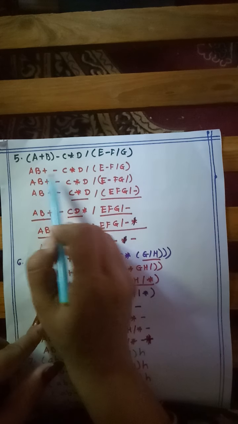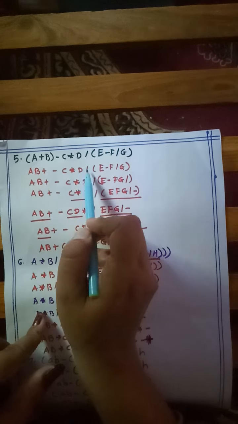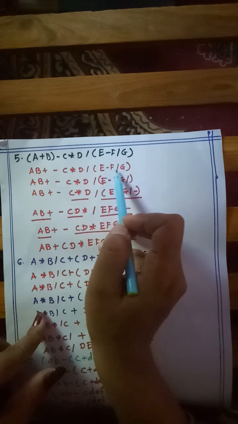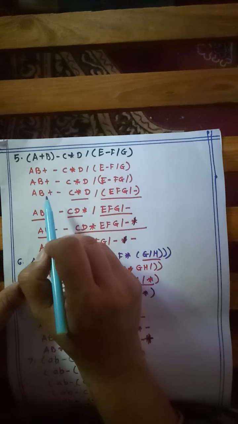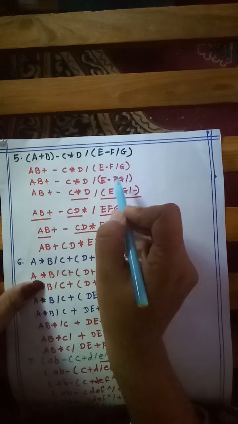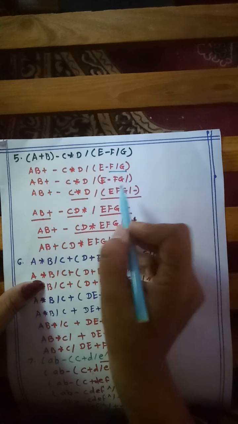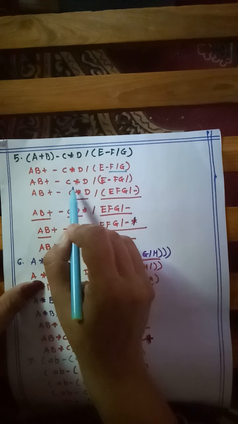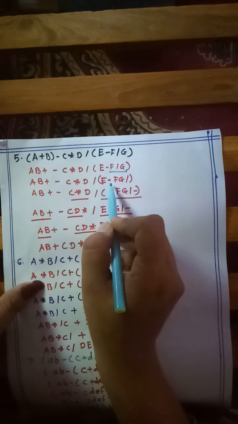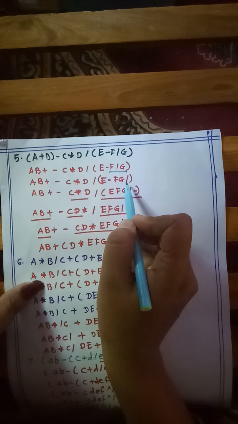Now A B plus minus C star D slash E minus F minus G, we write as it is. Now next we convert this: A B plus minus C star D slash E minus F G slash.